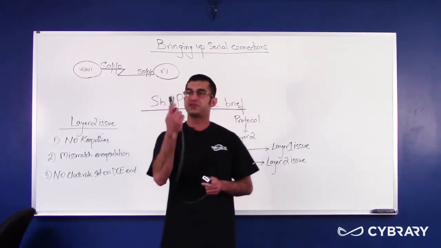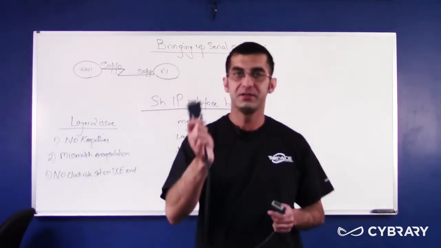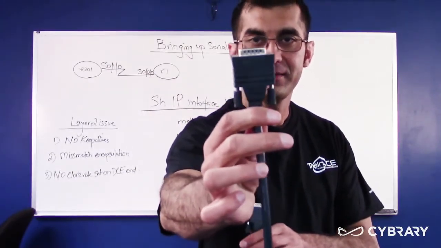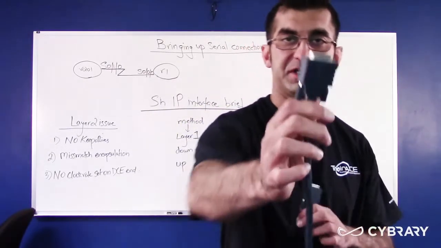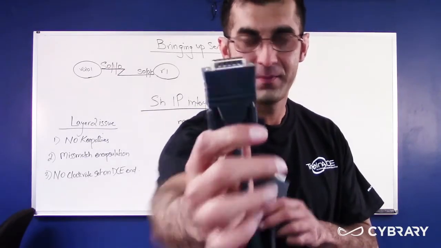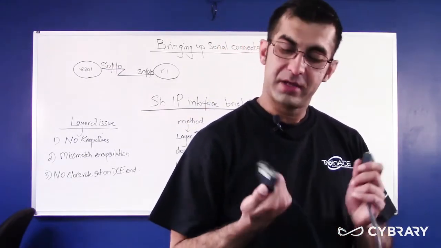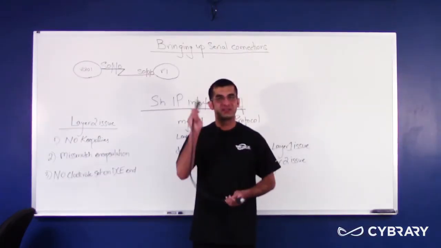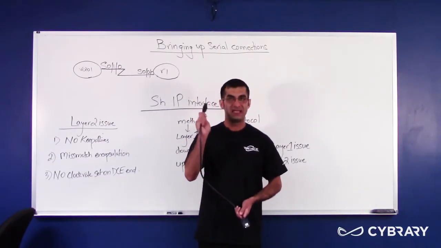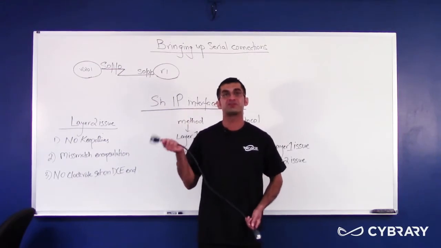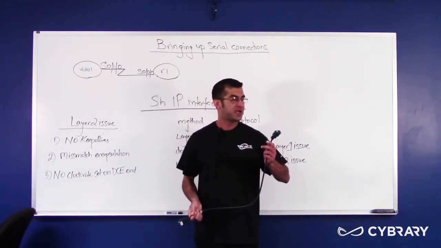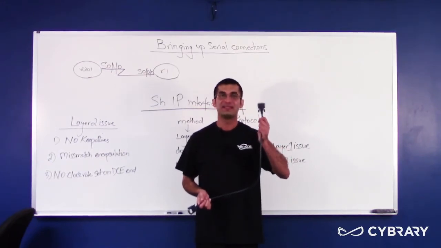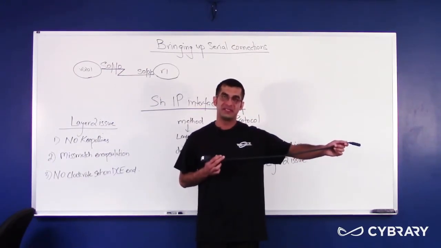One end of the serial cable says DTE, and the other side says DCE. Whatever router gets the end that says DCE becomes the DCE and must provide clocking, and whatever side gets connected to the DTE end becomes the DTE side.